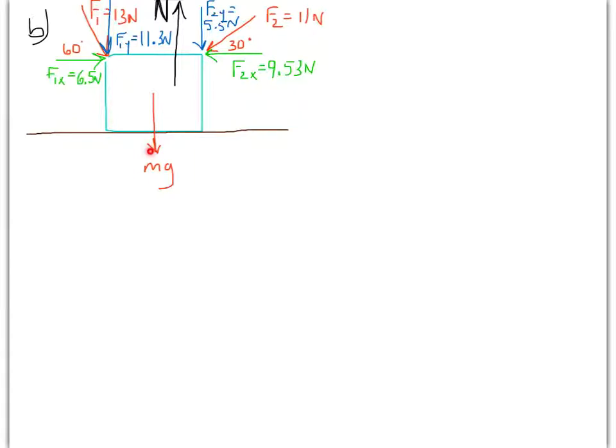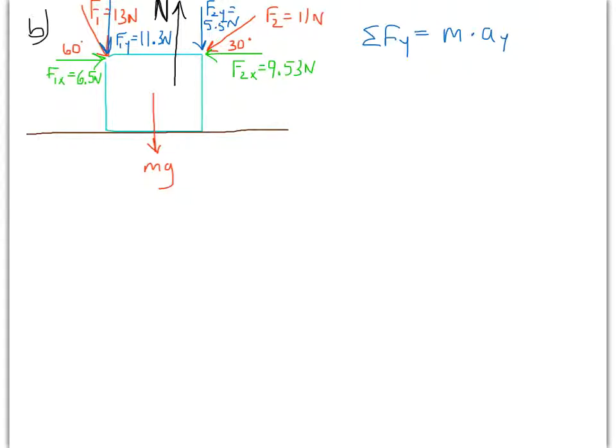Okay, so let's write our global statement about the net force. In this case, I'm going to write it in blue. The net force that we care about is in the y direction, right? The net force in the y direction equals mass times acceleration in the y direction.